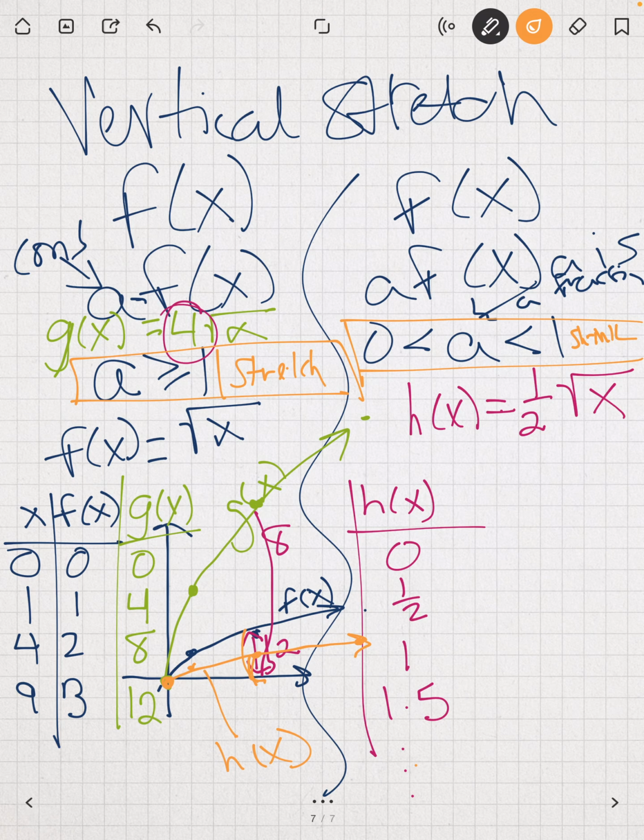And now notice I didn't say what happens if it's 0, or what happens if it's negative. Because if it's 0, the function becomes 0. But if it's negative, then we just have a combination of a reflection about the x-axis and a stretch. And so after I introduce the horizontal stretch and shrink, we're going to get to multiple transformations and putting them together. So, next slide.